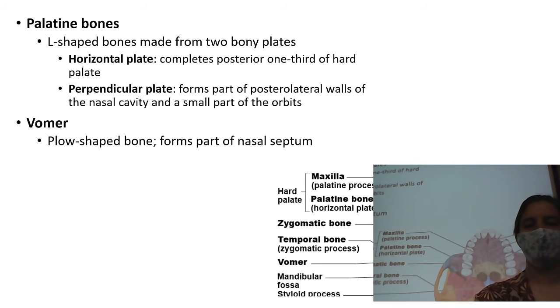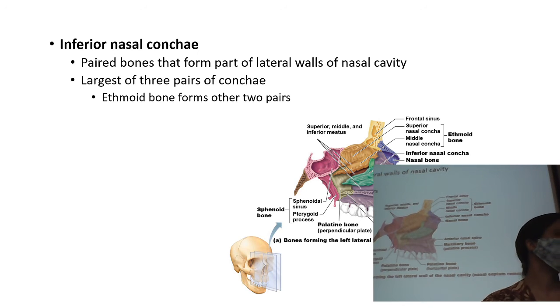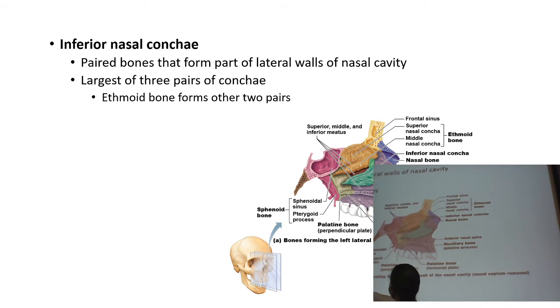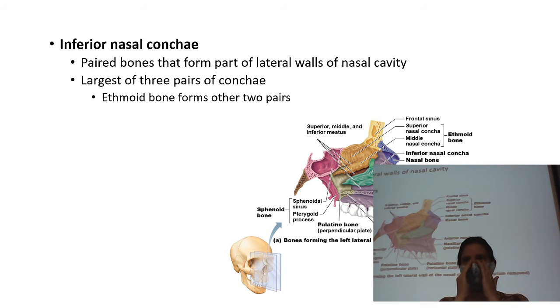So far, so good. This one is nearly impossible to see from the outside. This cut is looking inside. Are we okay with where that's looking? Forming the lateral walls of the nasal cavity.